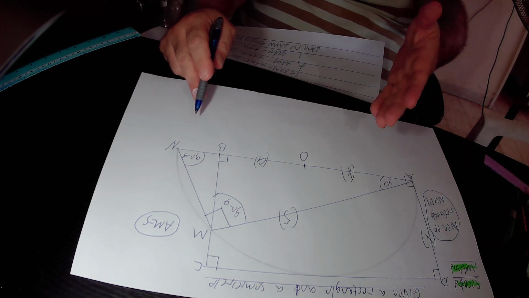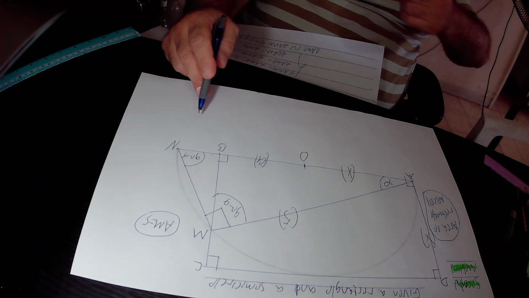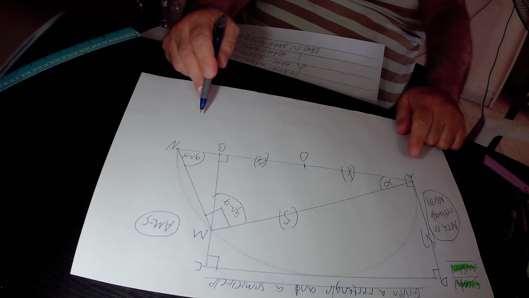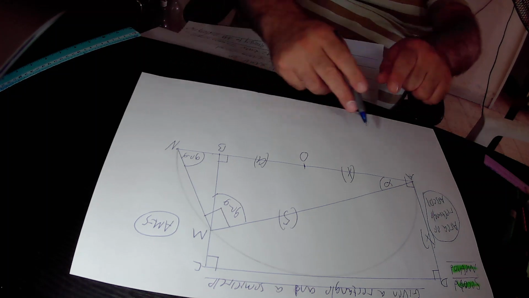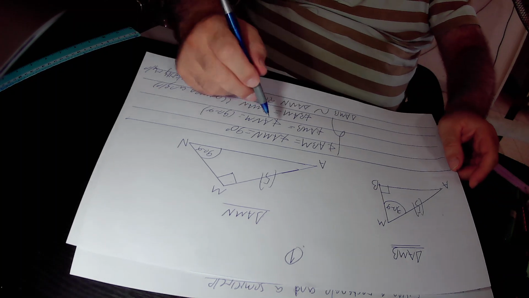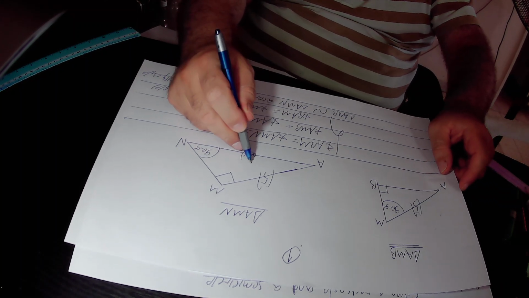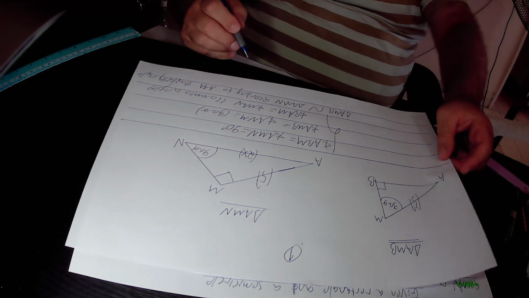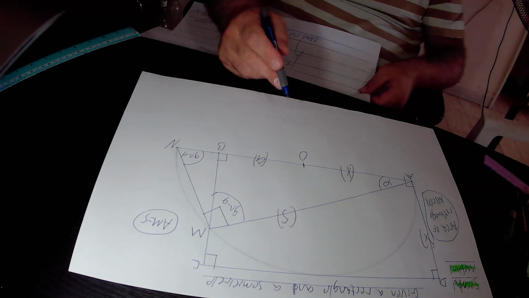The radius of this semicircle is x. Therefore, the diameter must be twice as long as the radius. The radius is x, therefore the diameter must be equal to 2x. Therefore, AN equals 2x units in its length. AB in total equals x plus a.